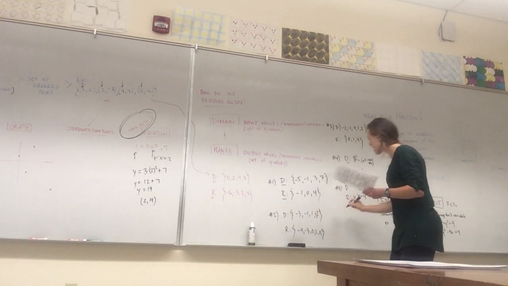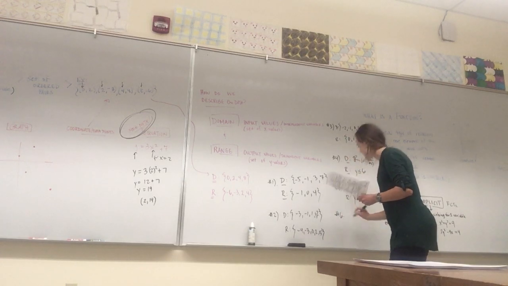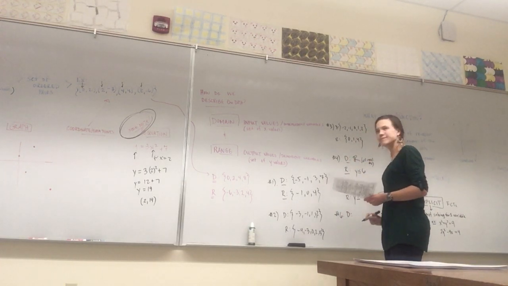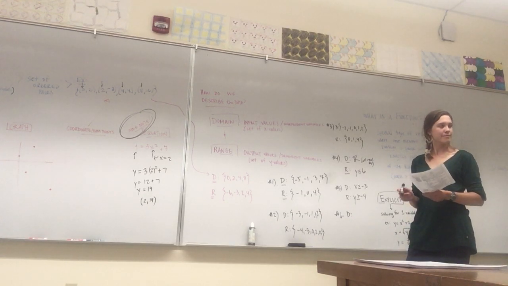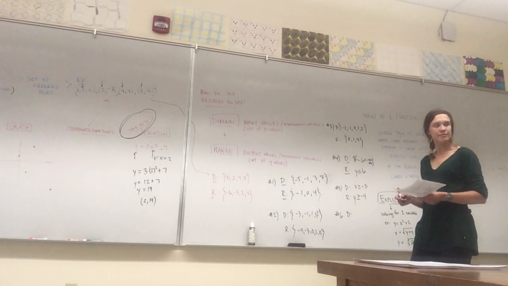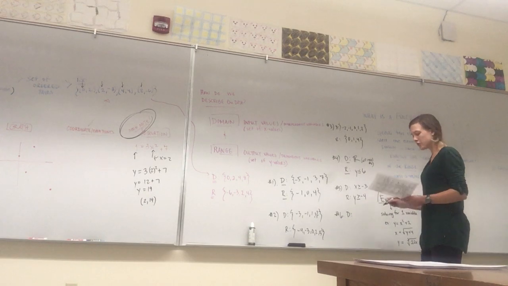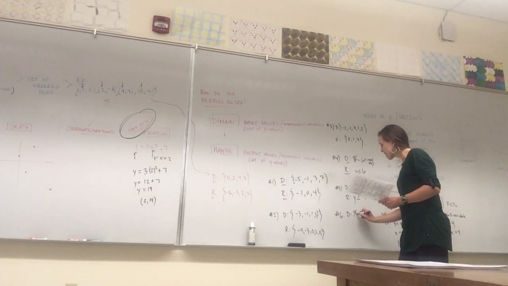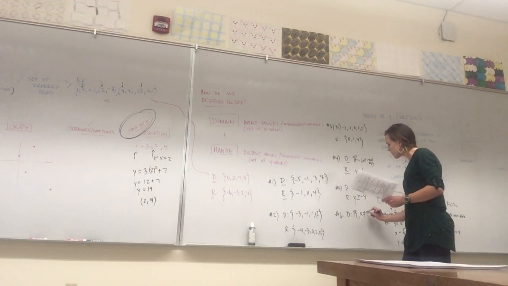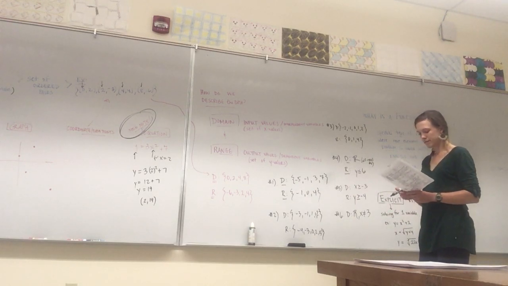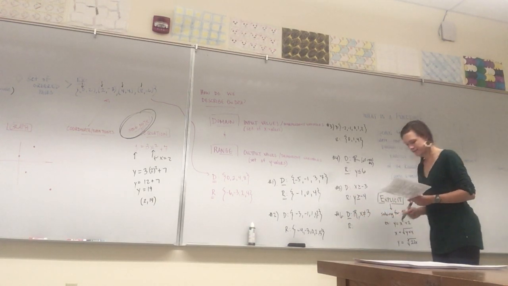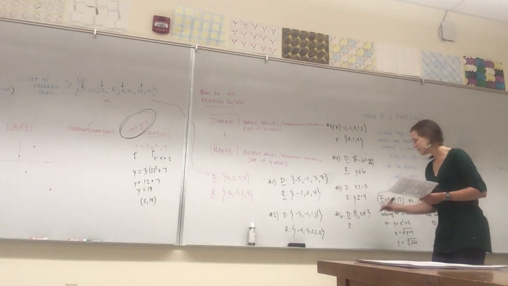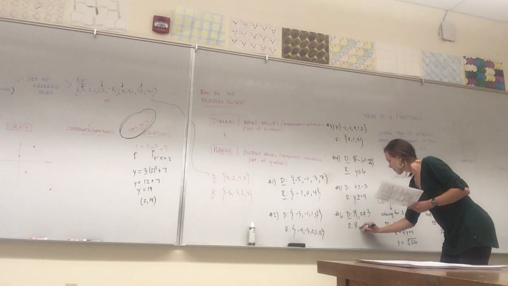Okay, so for number 6, what would my domain be? The domain is all real numbers, but x is not equal to 3. And then my range is all real numbers except 0.